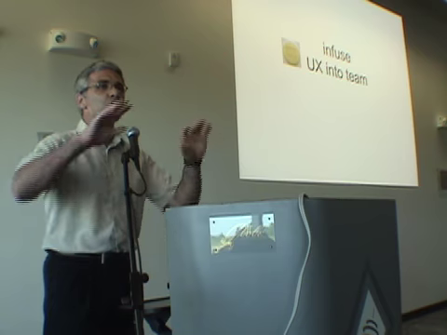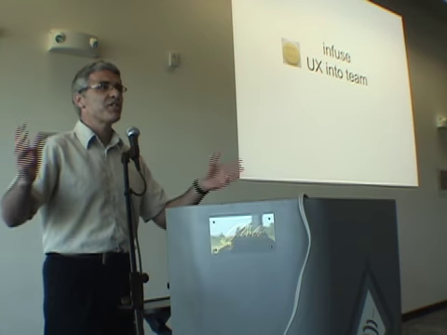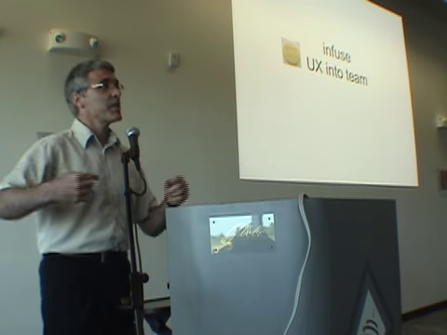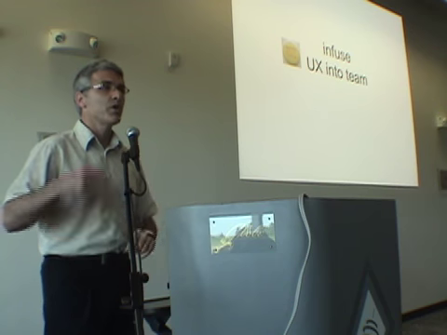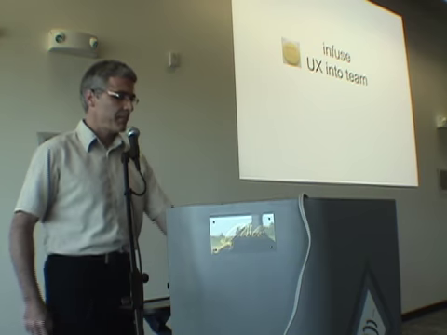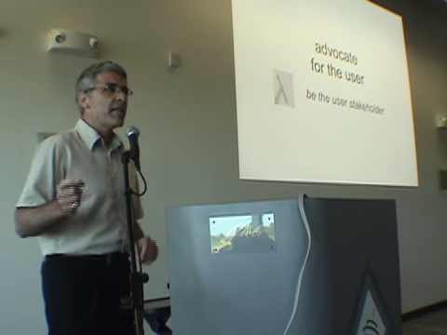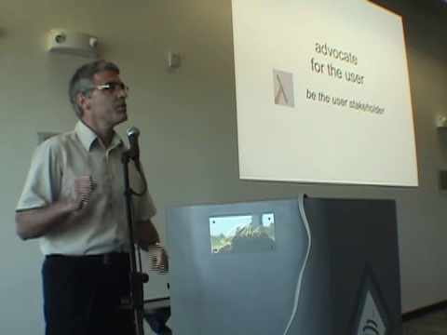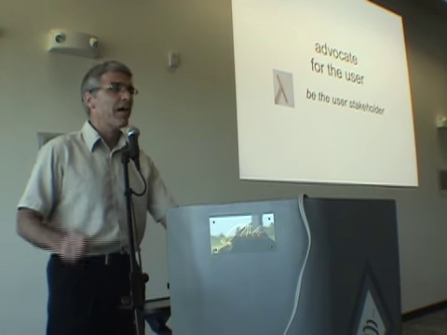And I'm going to assume that you're all interaction designers looking to bring agility into your organization or join an Agile team. So your job is going to be to infuse the user experience into that team. You need to be the advocate for the user. Be the user stakeholder. Well, how can you do that?